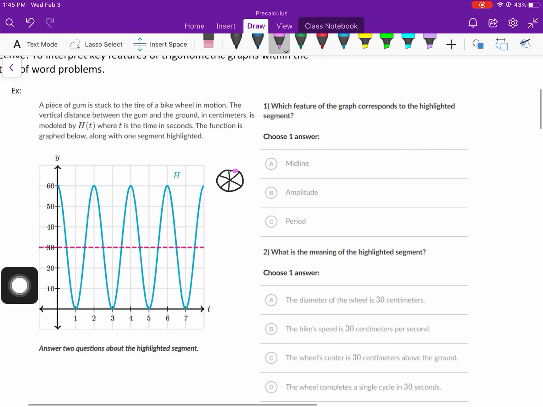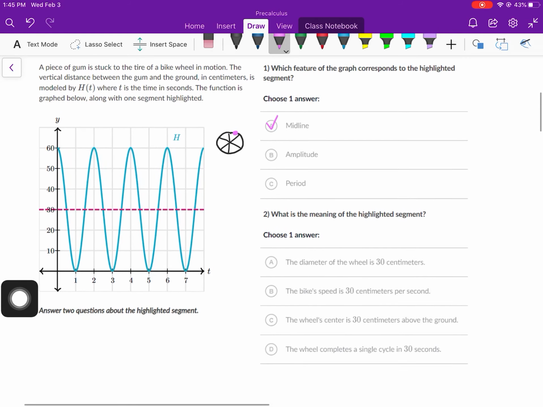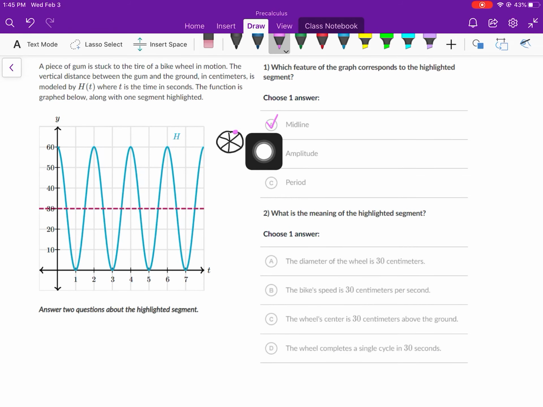So let's see. Right here, which key feature? We know it's the midline. All right, we're good. And then, what is the meaning of the highlighted segment? The diameter of the wheel is 30 centimeters. Well, it doesn't really have to do with the diameter, right? That's just the midline. The bike speed is 30 centimeters per second. So the midline, I don't think is telling us the speed. The wheel center is 30 meters above the ground.